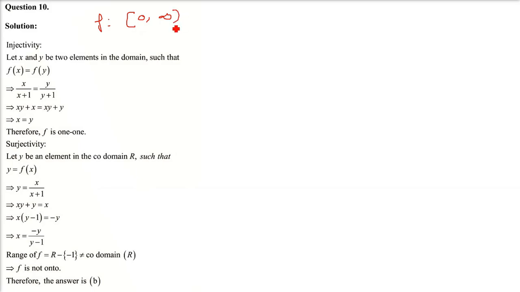F is from 0 to infinity to R. So you can see that the codomain is the real numbers, and fx is given by x by x plus 1. So the answer of this question is B.